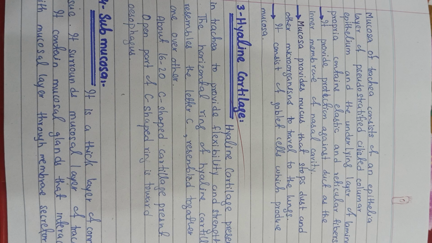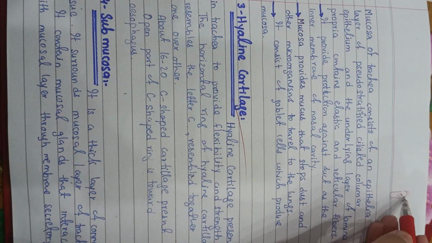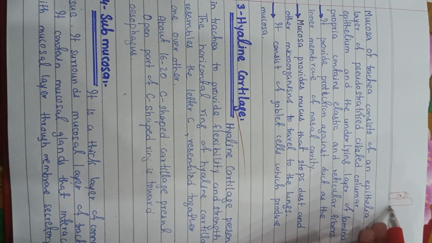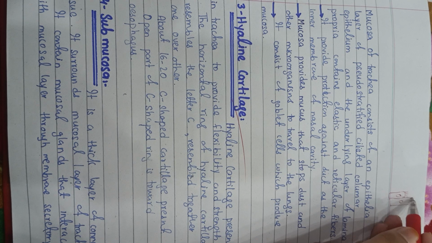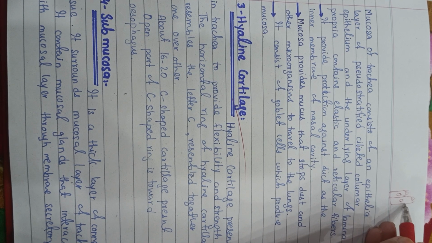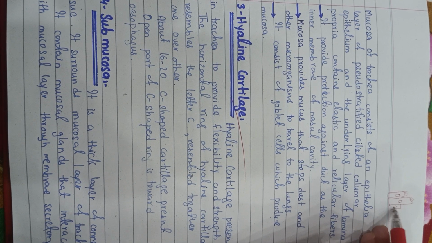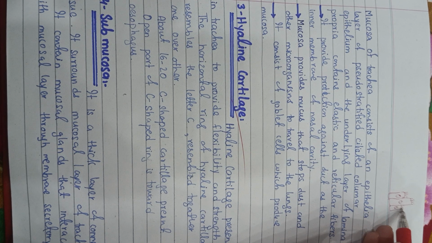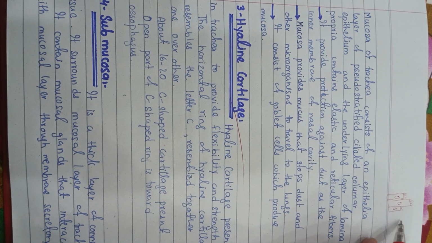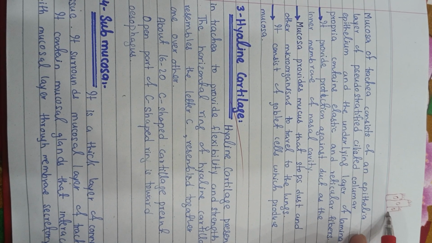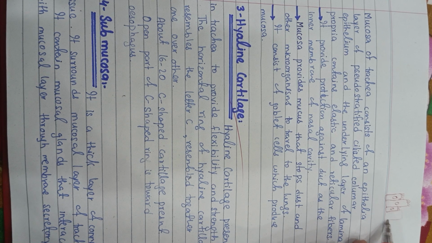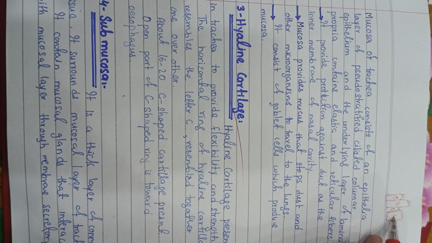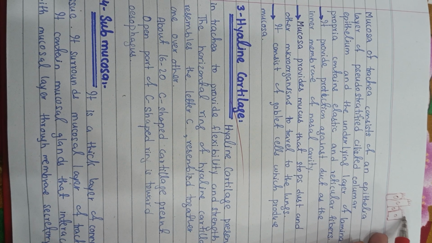And they are called pseudostratified. The word pseudostratified means they have cells of unequal size, meaning some can be bigger and some can be smaller. This could happen, but all of them form one layer, only one layer is present, not a double or triple layer as in the case of stratified squamous epithelium.